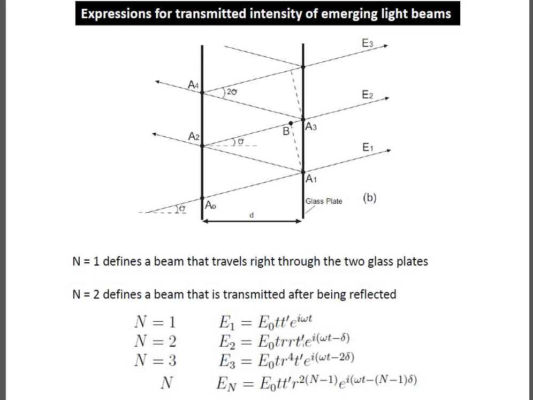T, T prime. Next, let us consider the case of 3. How many reflections? 1, 2, 3, 4. So it will be R to the power 4. But again only two transmission coefficients, T, T prime, and R to the power 4. Similarly, we can write the expression for the case N equal to N. And remember, each time the phase is also taken into account.